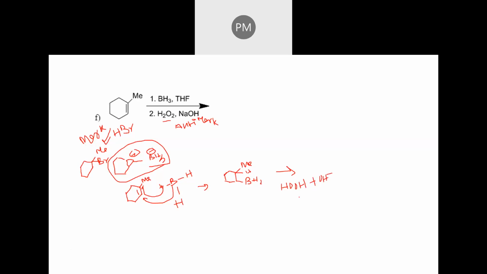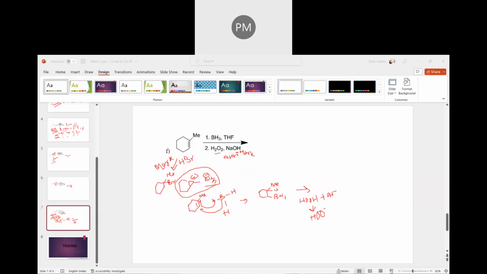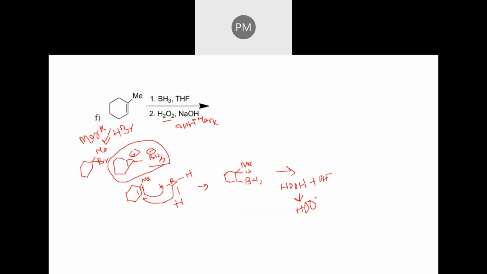These two are generally produced like this: HOO minus. So H2O2 and OH minus generally produce HOO minus and water.